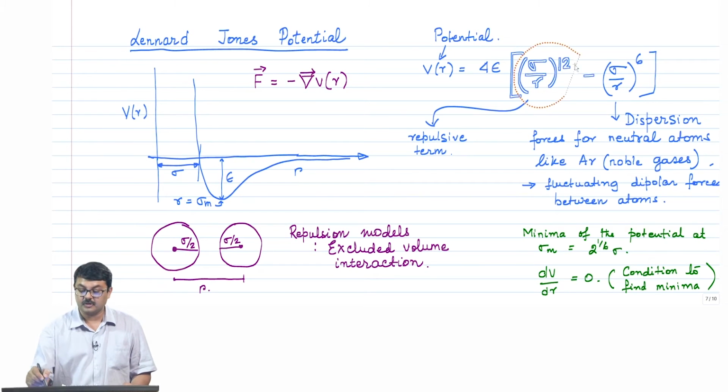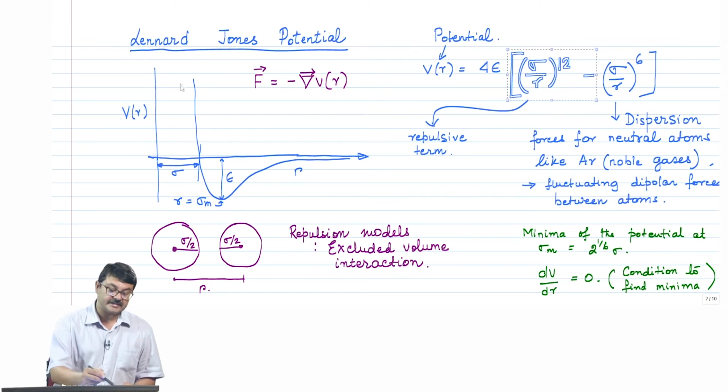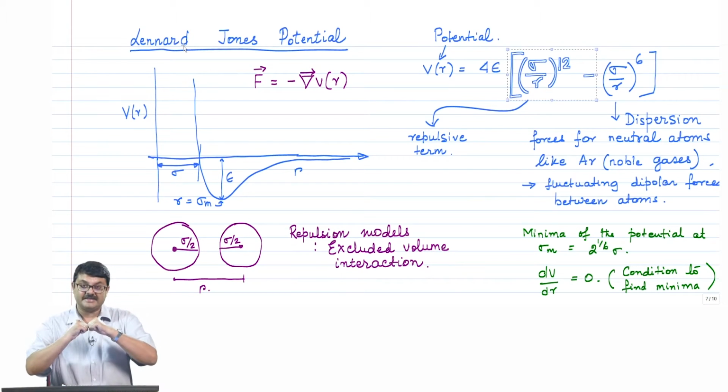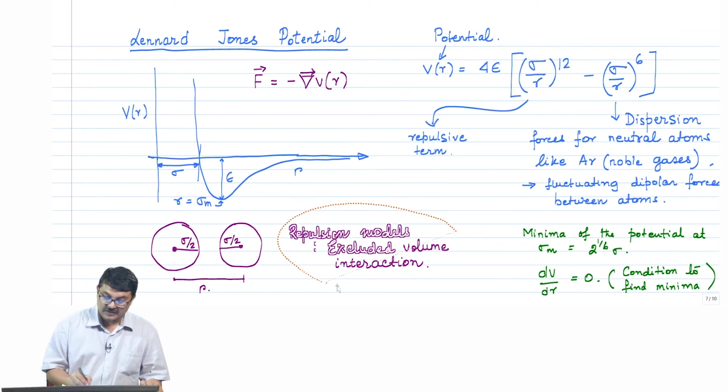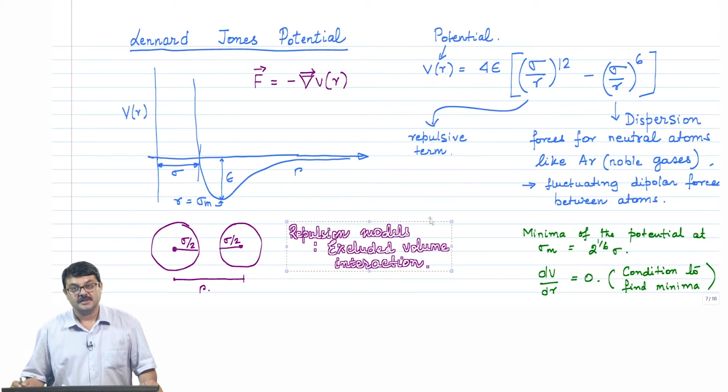So, sigma by r to the power 12 is the repulsive potential, and it increases extremely fast as the particles start to overlap. This repulsive interaction is modeling the so called excluded volume interaction. What is excluded volume interaction?